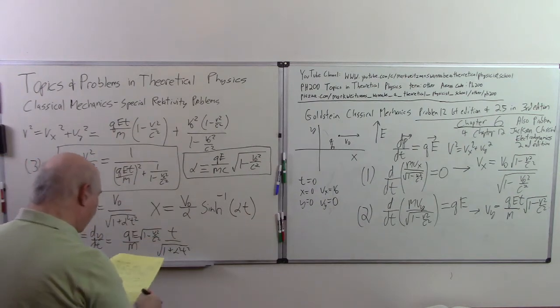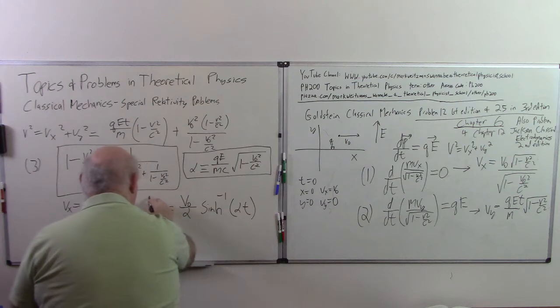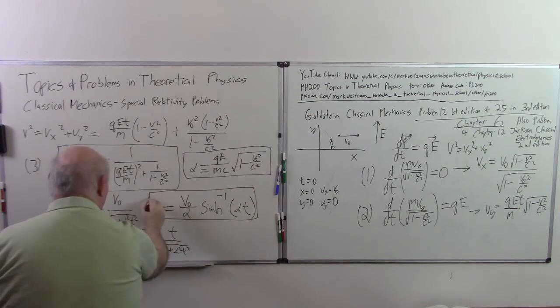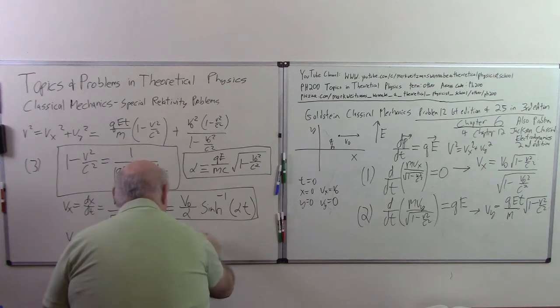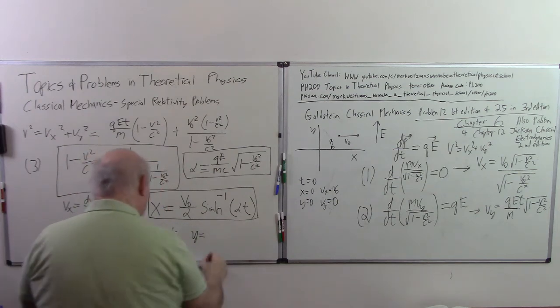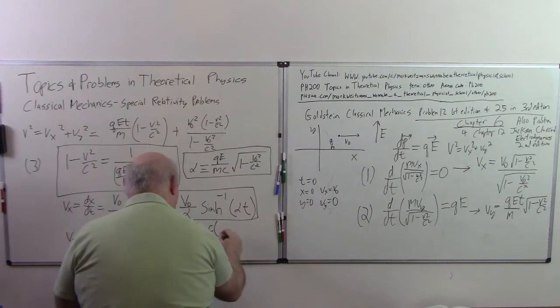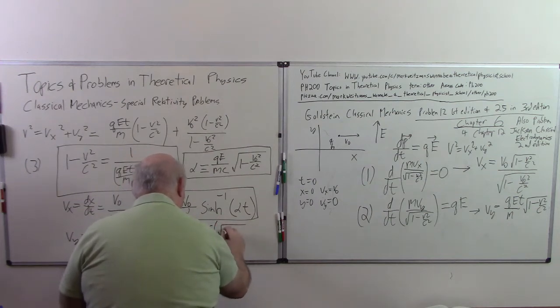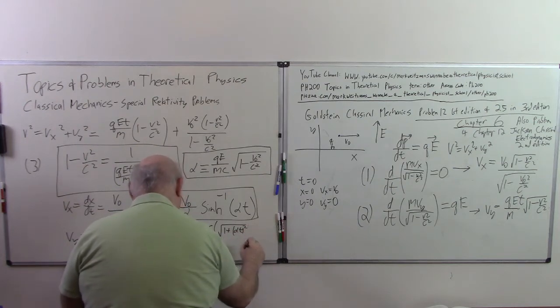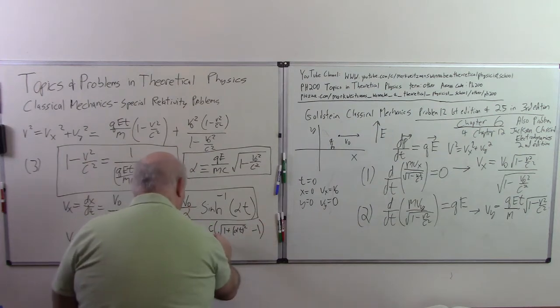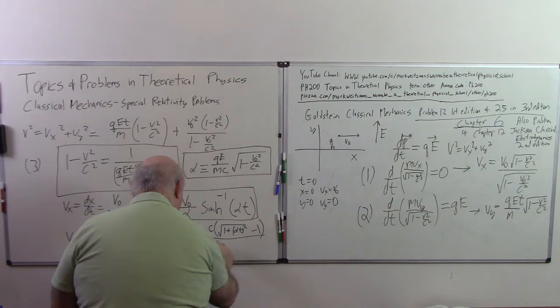So this leads to y equals c times the square root of 1 plus alpha t squared, minus 1, over alpha.